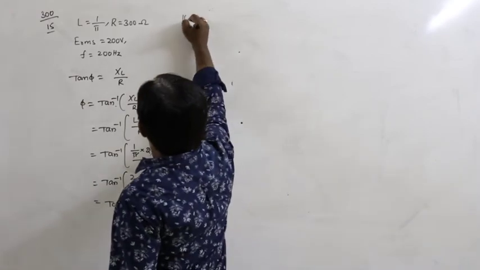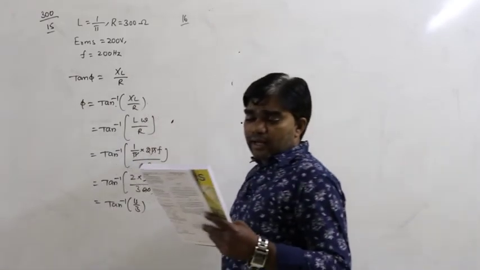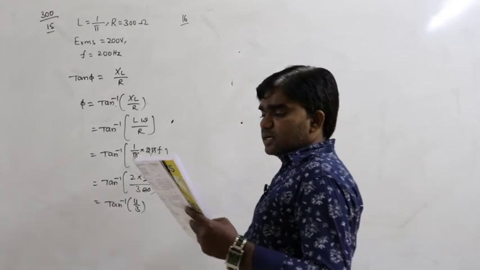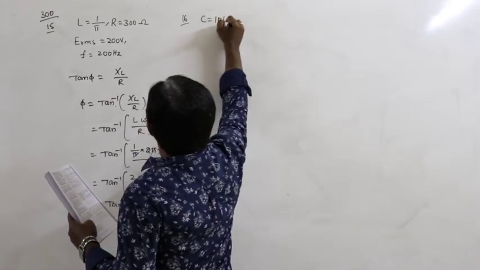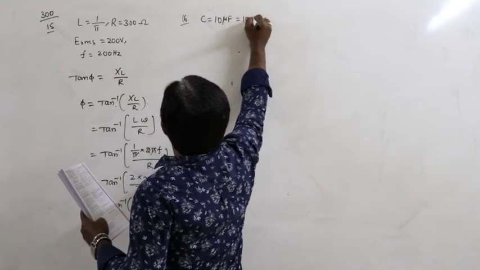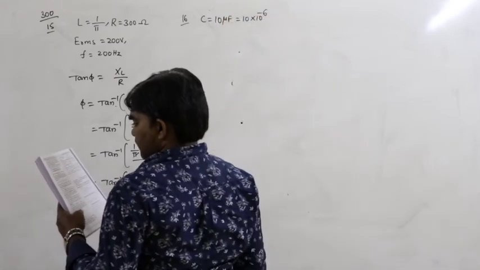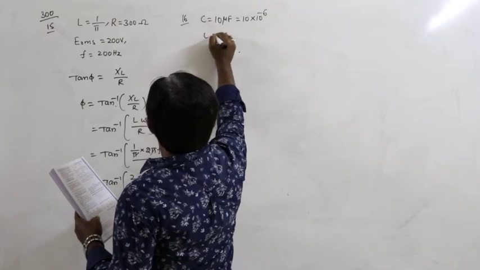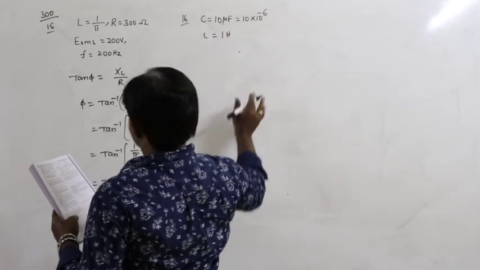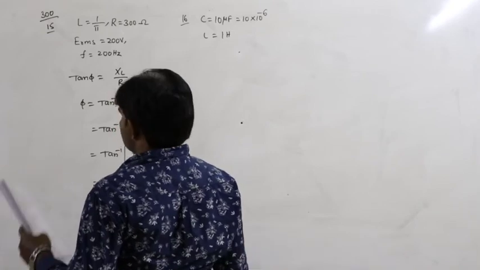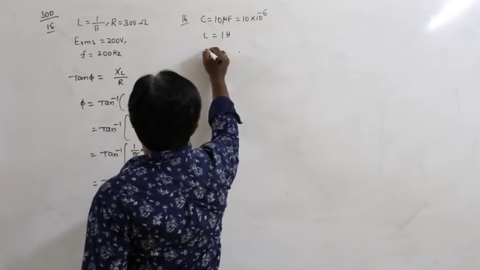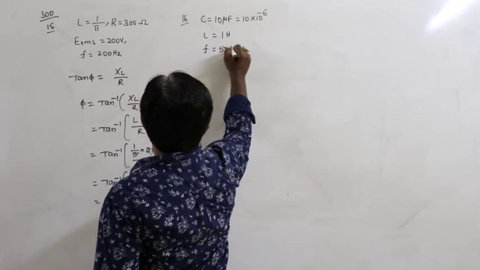Next, the 16th question. A condenser of 10 microfarads and an inductor of 1 Henry are connected in series to a source of 50 Hz.